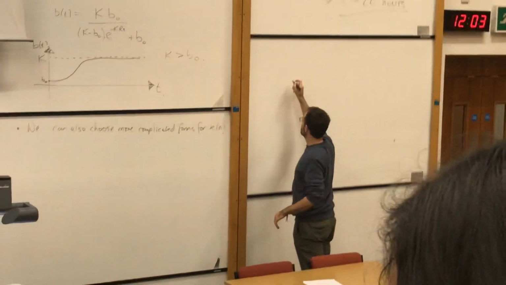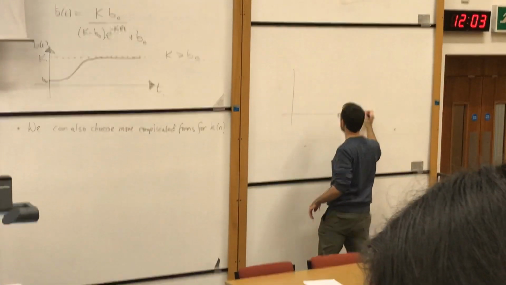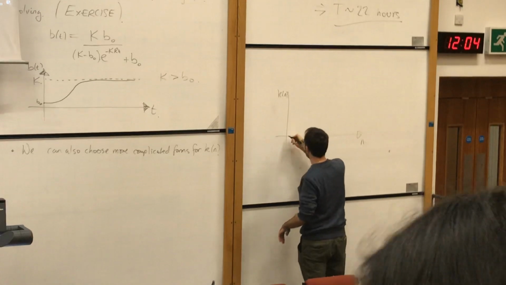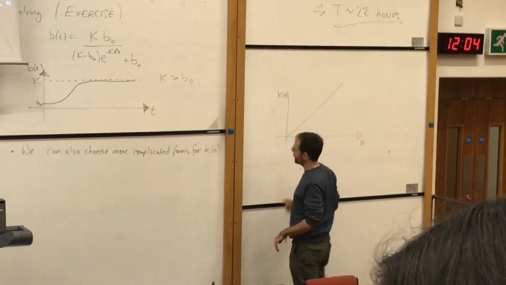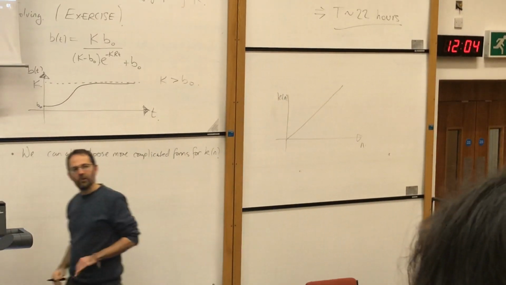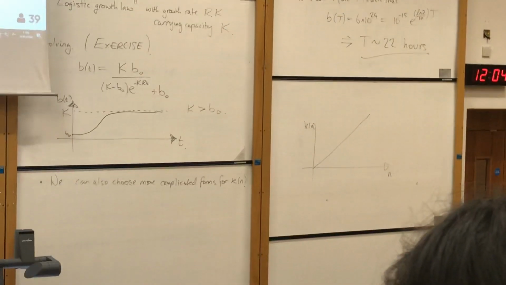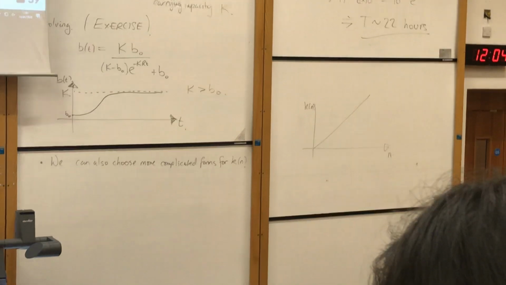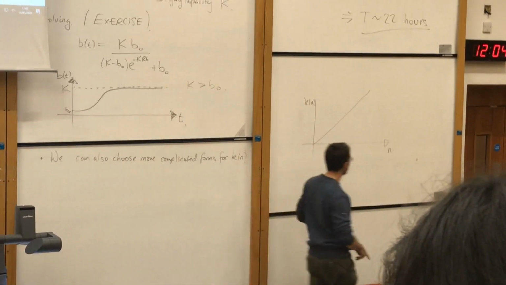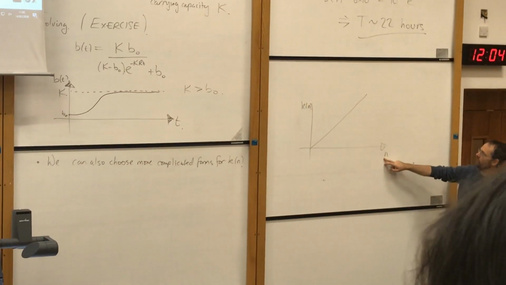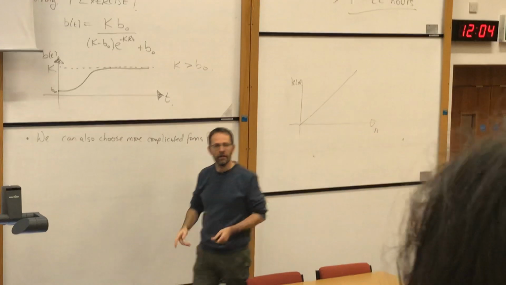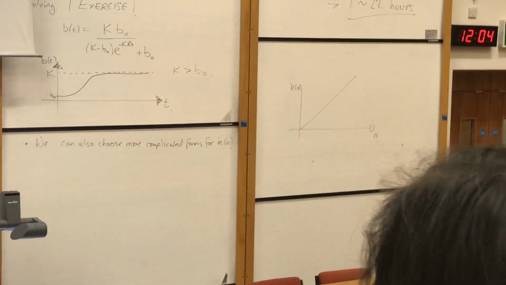That's probably not realistic, because if we assume that law, it would say that if we give a huge amount of nutrient to our cell population, they can divide at a very fast rate, as fast as we want, effectively. As n tends to infinity, k tends to infinity.